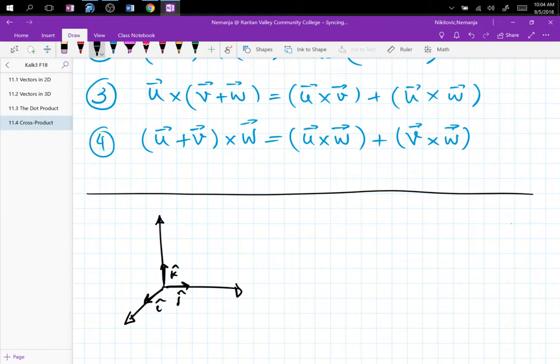And we know that i cross j should give us vector k. They give you the full list of all combinations in a theorem, in a textbook.